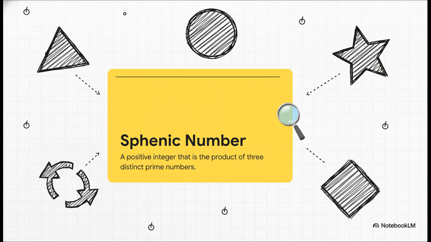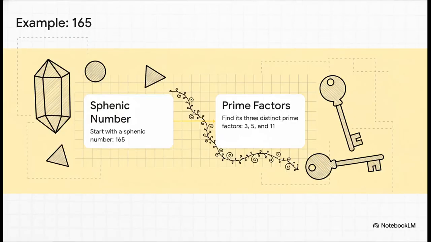Just think of them as these little structures built from three unique prime building blocks. Let's make this real with an example. Take the number 165. It's a sphenic number. And why? Because you can break it down into three distinct prime factors, 3, 5, and 11. Yep, those are our secret ingredients right there.